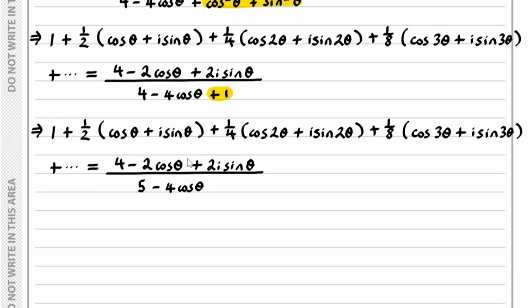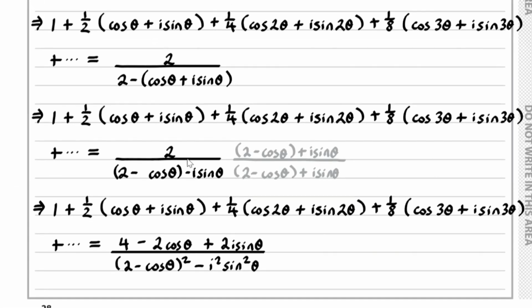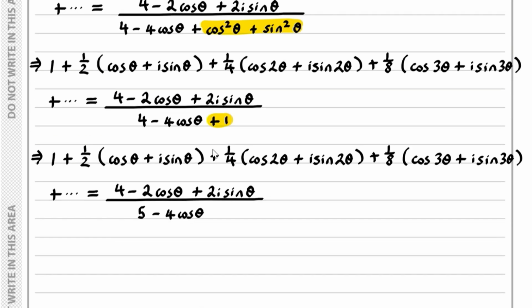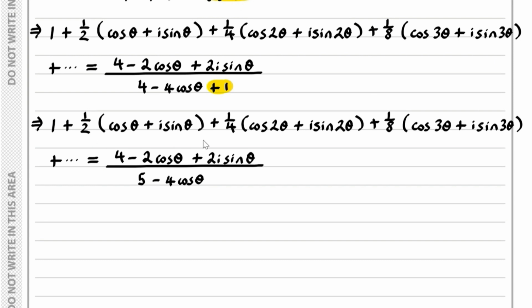Now if we go back to the question, we've got on the left hand side stuff involving sines only, which means we'd have to take a look at the imaginary parts.